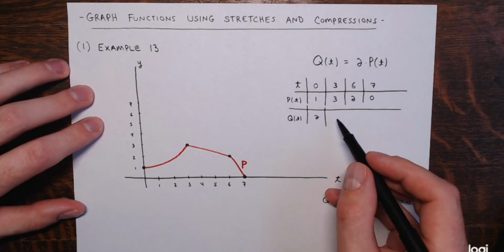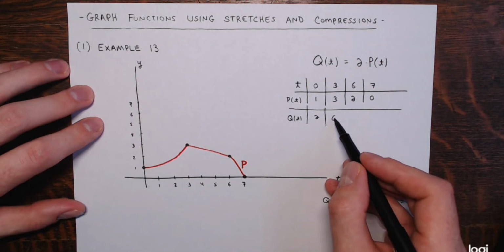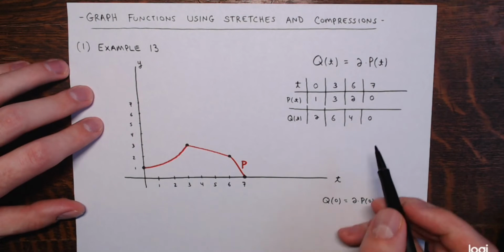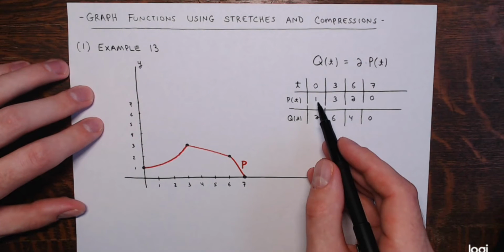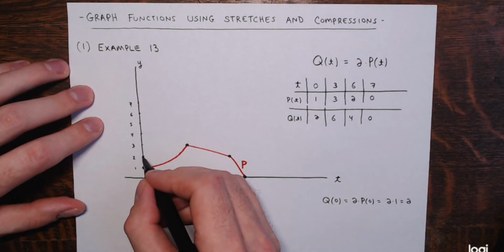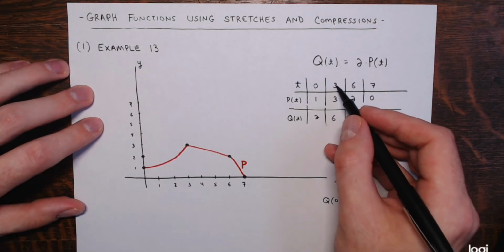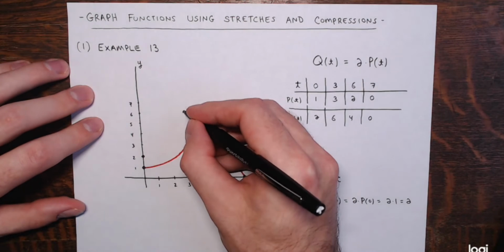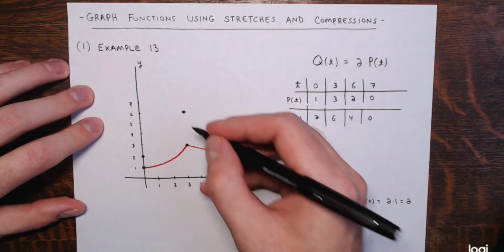So 2 times 3 is 6, 2 times 2 is 4, and 2 times 0 is 0. Let me plot these points. You have input 0, output 2. Input 3, output 6. So again, the output is doubled. Instead of 3, 3, I'm at 3, 6.